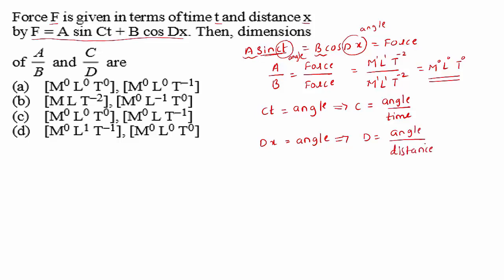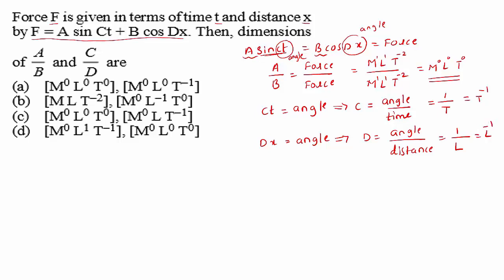Now it is easy to find the dimensional formula for C by D. Angle divided by time: here we write angle divided by time, that is T. Here also 1 divided by distance, that is L. 1 by T can be written as T raised to minus 1. 1 by L can be written as L raised to minus 1.